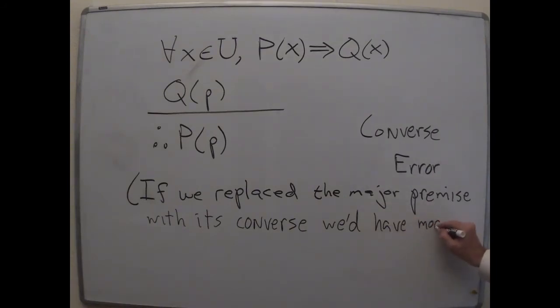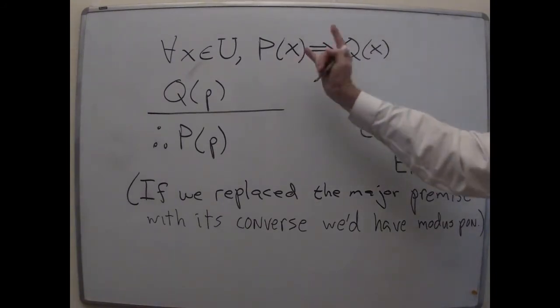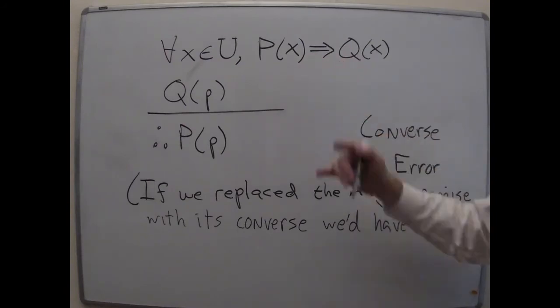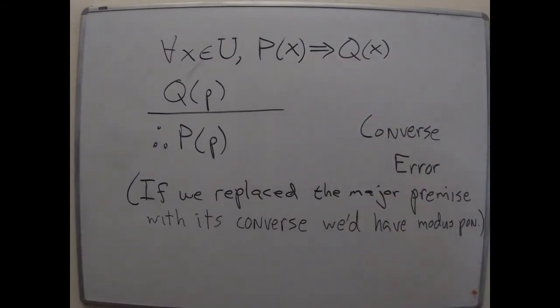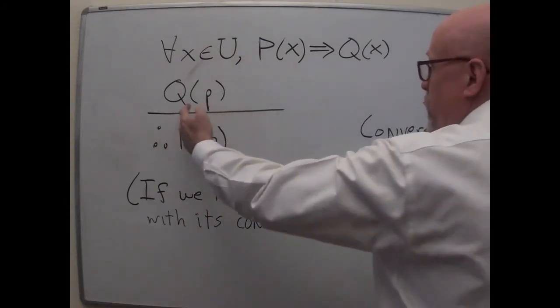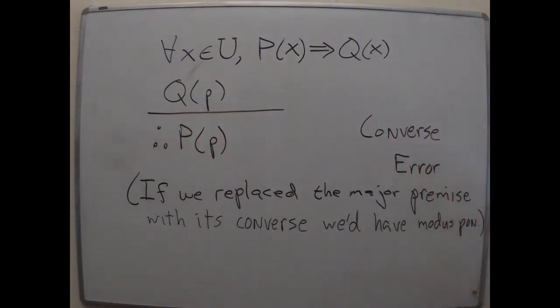So you think about what change you would need to make in order to get to modus ponens. Unfortunately, I've run out of room for writing ponens. So in this case, if you change the order around in the major premise, the letters have changed. Now it would be Q implies P and Q therefore P, but that's the shape of a modus ponens argument. So that tells you this one was the converse error.